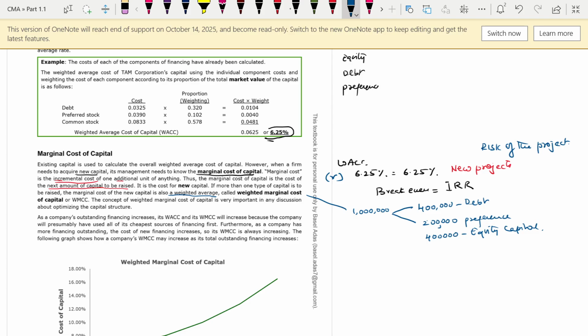Sometimes you will raise the total 1 million from loans or from debt capital, but that is not the case here. The understanding here is the cost of the additional capital, and again we have to follow the weightage. This is going to be 40%, this is going to be 20%, this is going to be 40%.